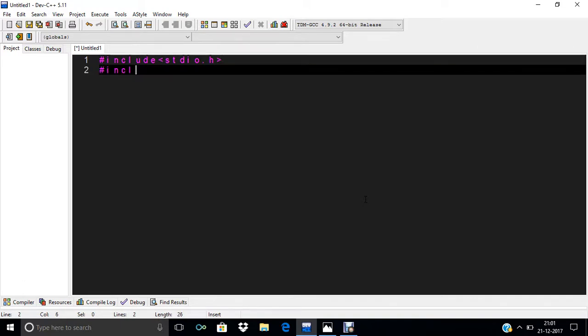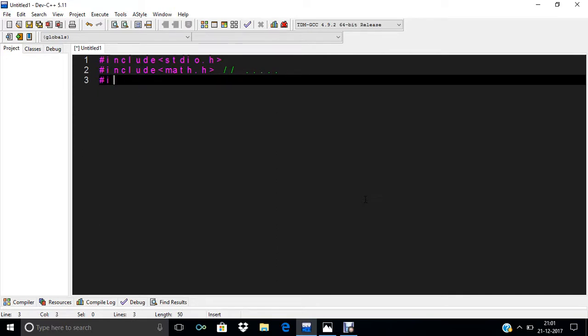Hash include math.h. Now you don't need to write this header file math.h into every program, and I'll let you know later on why I included this header file, and which library I wanted from it. I'll keep it pending.